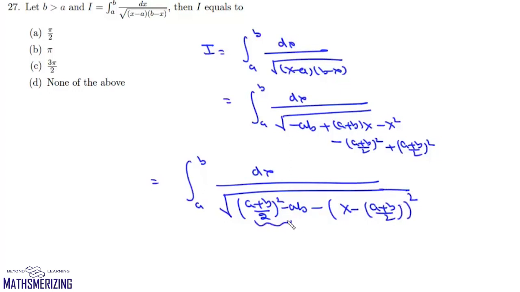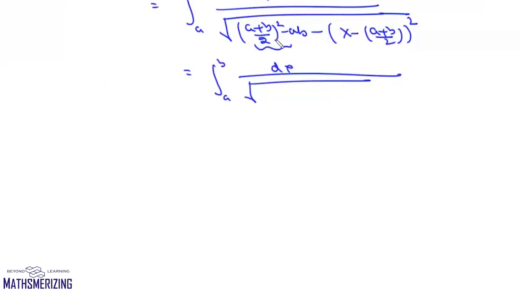Now this is ((a plus b) whole square) by 4 minus ab, so it will be ((a plus b) whole square minus 4ab) by 4, which is nothing but (a minus b) whole square by 4. And since b is greater than a, we can write this as ((b minus a) by 2) whole square and then minus (x minus (a plus b) by 2) whole square.